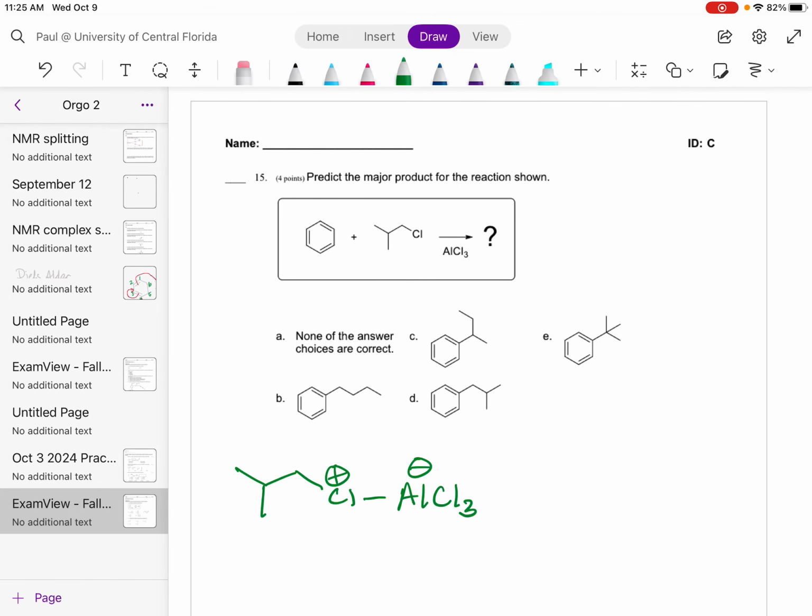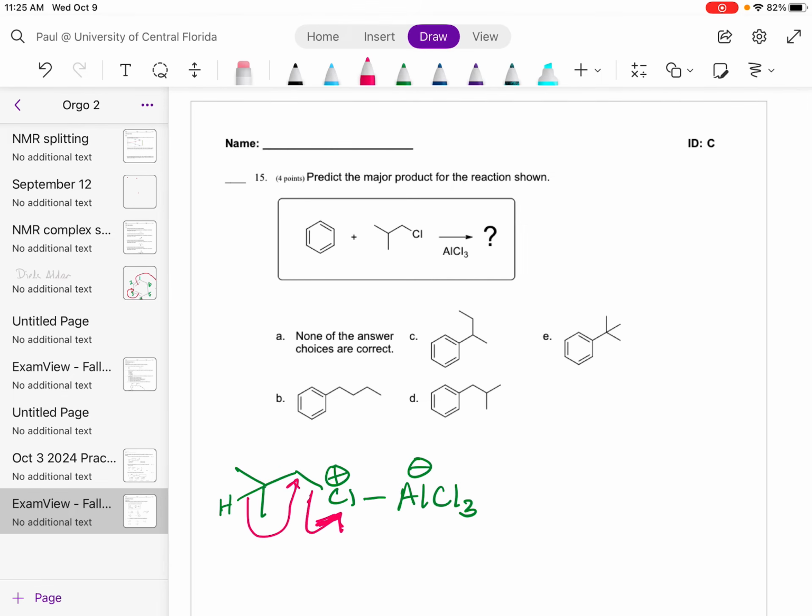Then we're starting out with a primary alkyl halide there. We have this hydrogen atom right here that's going to be used to do a hydride shift and kick off that chlorine.